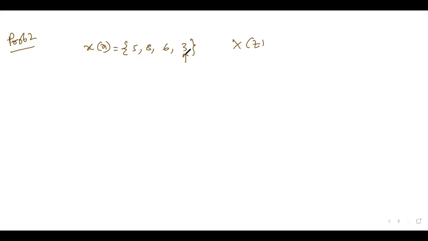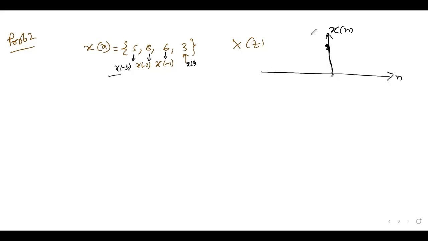This arrow indicates the sample value at origin. So this value should be x minus 1, this should be x minus 2. This is x0, this is x minus 1, this is x2, and this one is x minus 3. I mean, if we sketch it, it will be this. So it is 5 here, this is x[n] versus n.